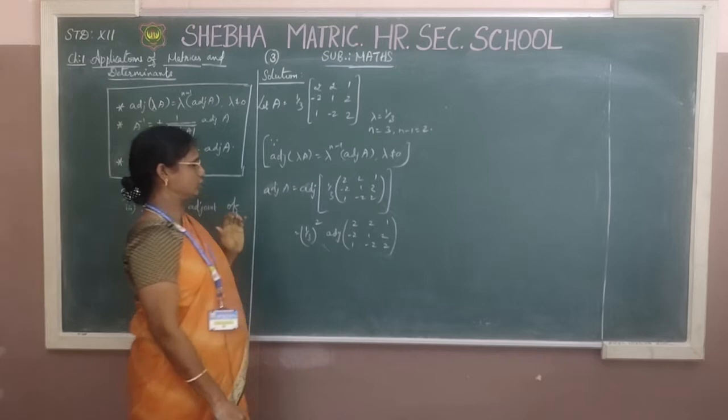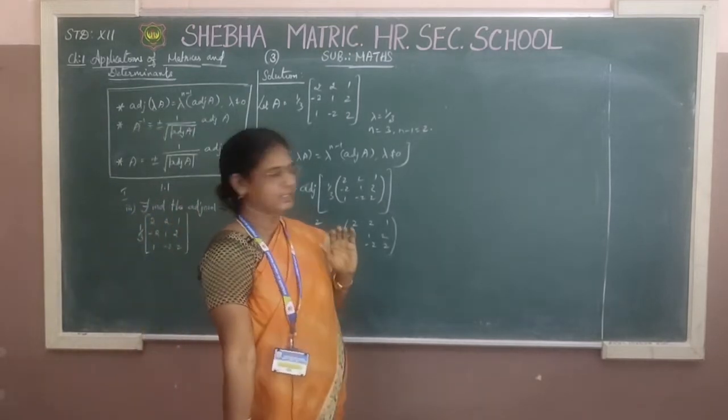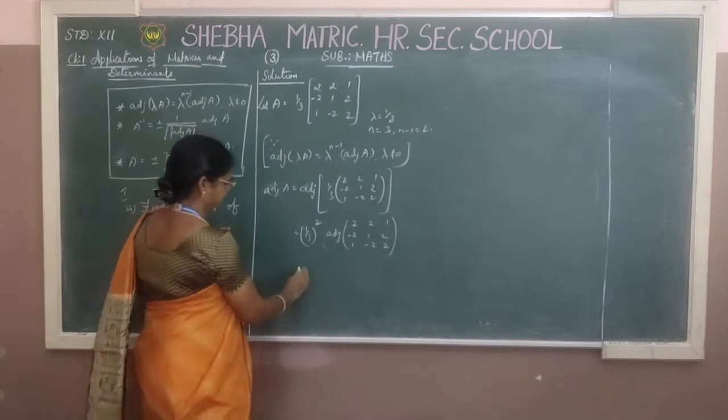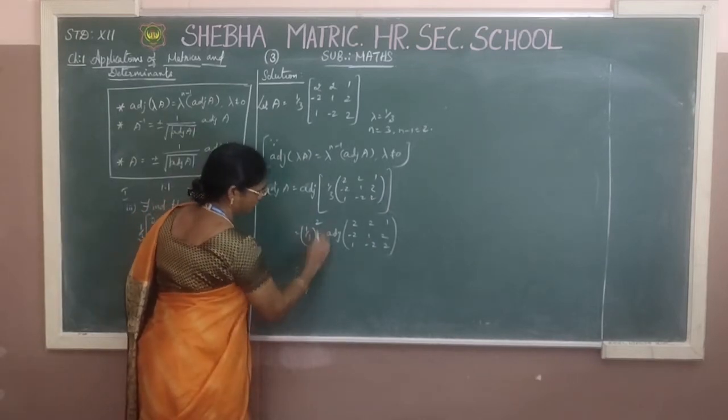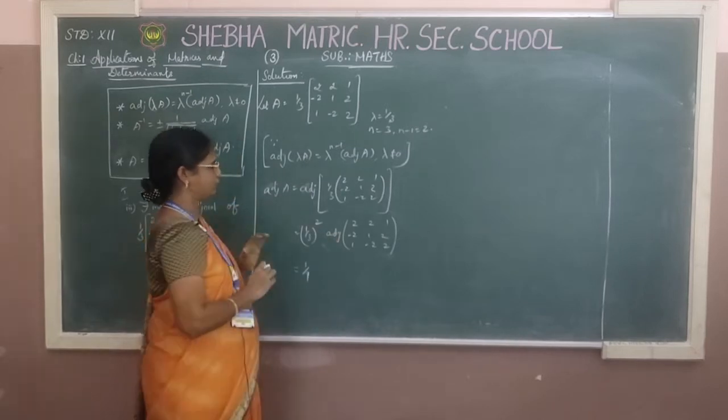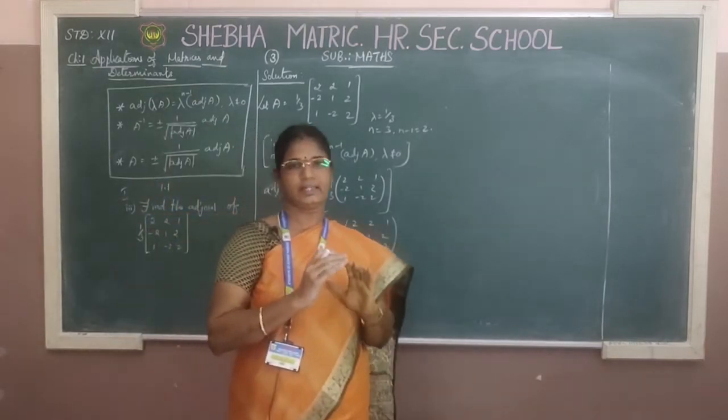Now I am going to do the adjoint of the matrix in the direct method. 1 by 3 whole square is 1 by 9. How to find adjoint of a matrix in the direct method?